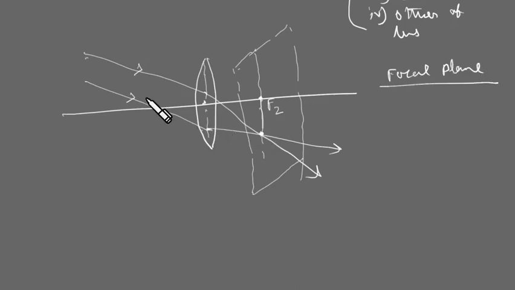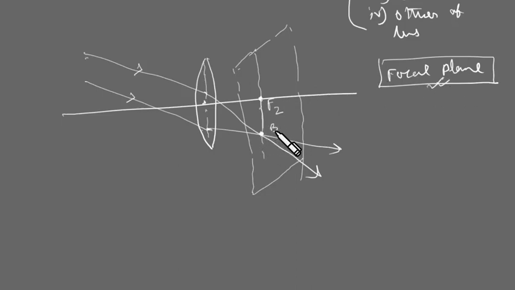Basically, any kind of parallel beam after getting refracted by a convex lens will converge to a point which must lie in this focal plane. Just like the paraxial beam converges to the focus, that is also a point in this plane.